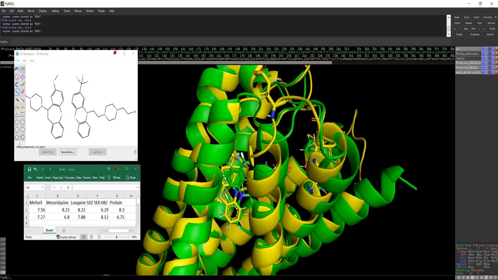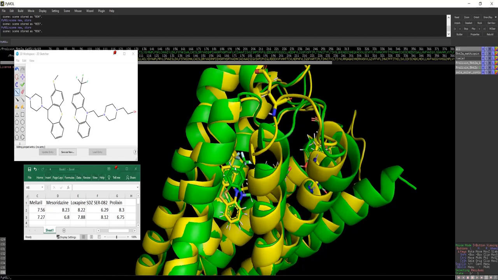And so bulkier compounds will be able to go deeper into the binding pocket and interact with the toggle switch and PIF motif, which is why I think if you look across the board, antagonists that bind primarily to the orthosteric binding pocket are not as selective as antagonists that also bind in the extended binding pocket, as can be seen between Mellaril and Prolixin, where the main deviation is just this trifluoro group and this ethanol group that we see here.